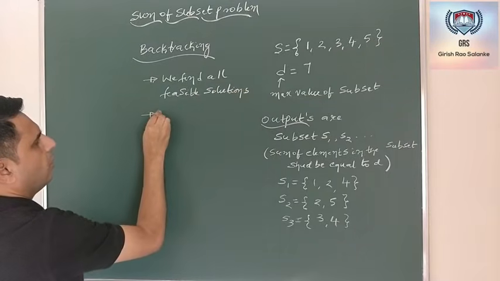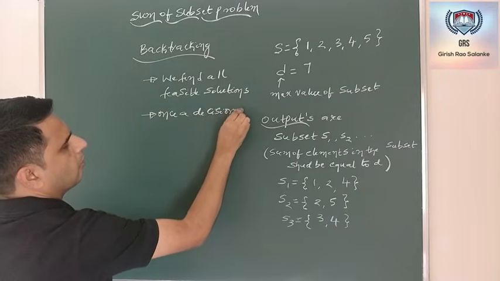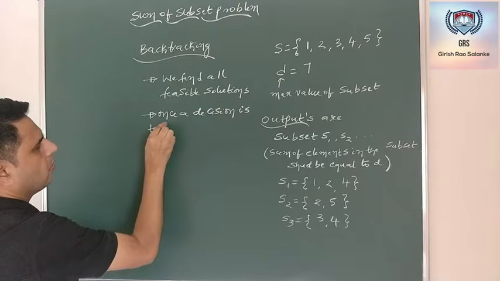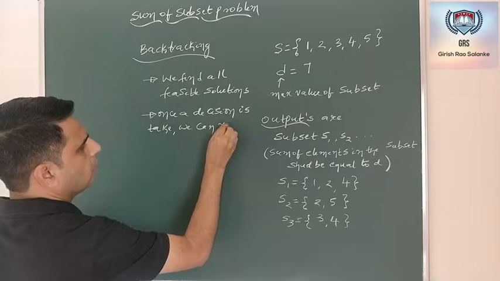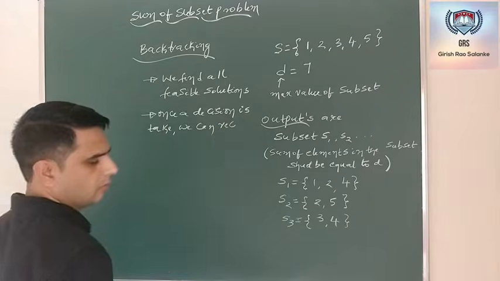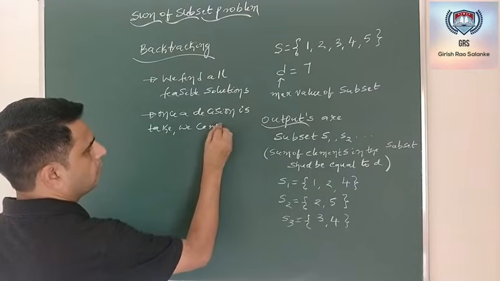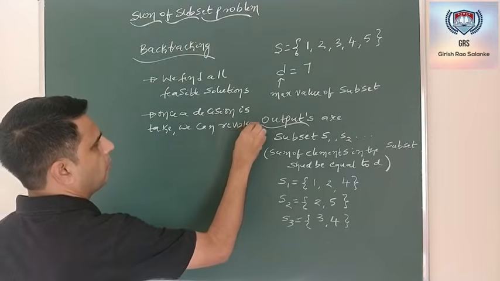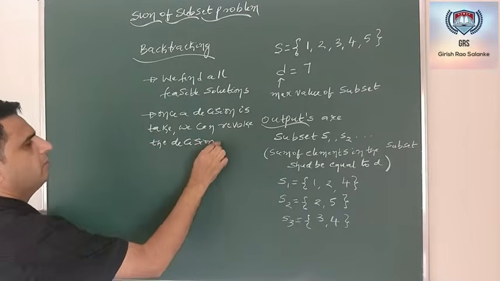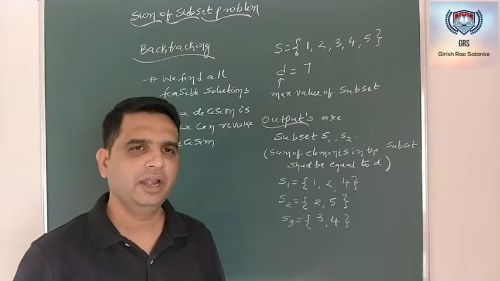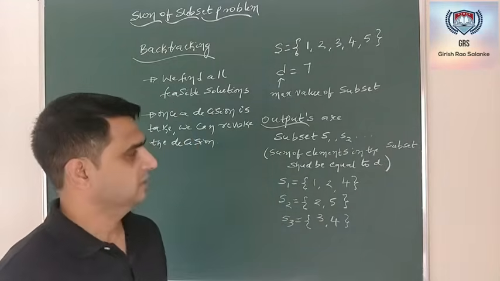Second point is, once a decision is taken, we can revoke the decision if we feel that the decision, whatever we have taken, is not going to lead to a feasible solution.